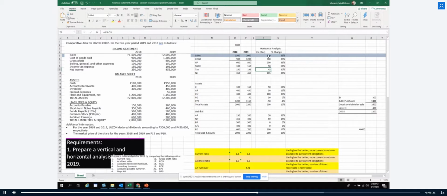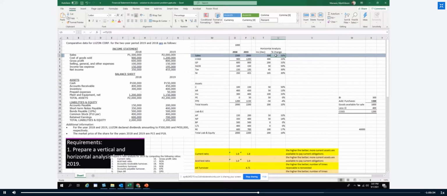So what is this telling us? In 2019, we generated 2 million pesos in sales, while in 2018, we only generated 1.5 million in sales. So there is an increase in sales of 500,000 pesos. In percentage terms, that's equivalent to 33%.